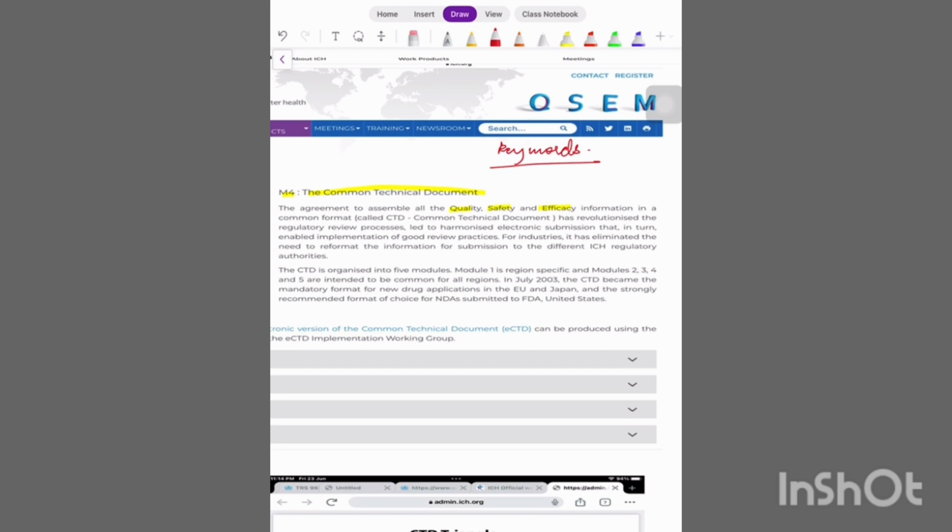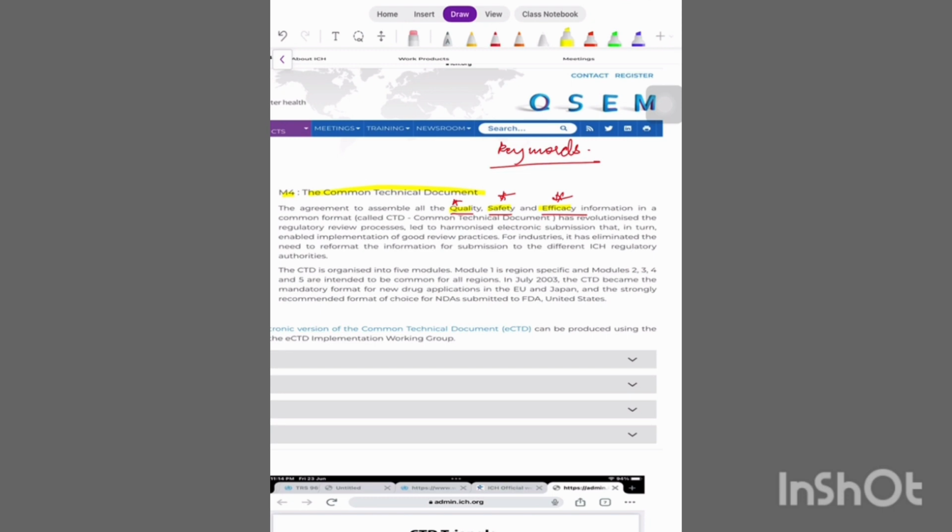Quality, safety and efficacy is a mandatory keyword which you can't even change into synonyms. It has to be quality, safety and efficacy. So look for the keywords with me.